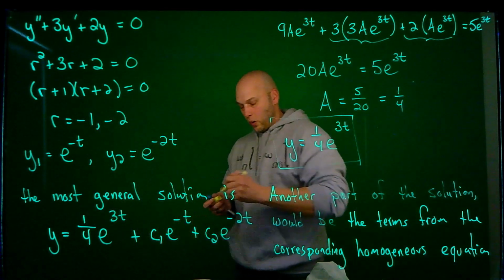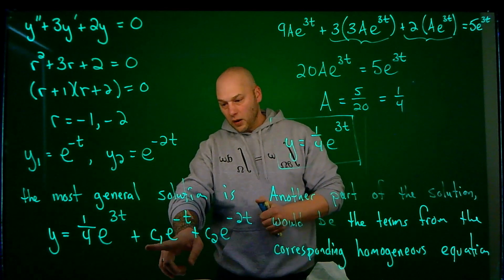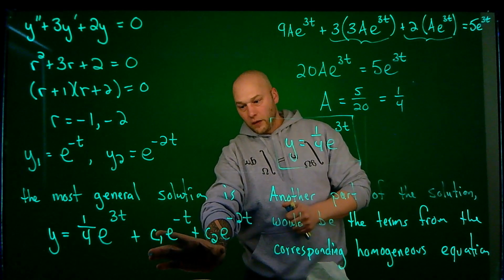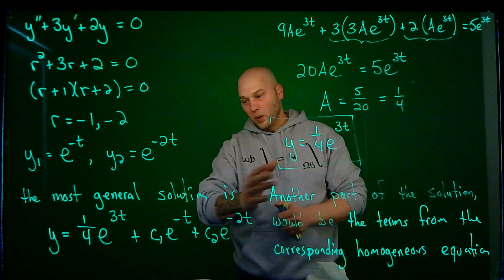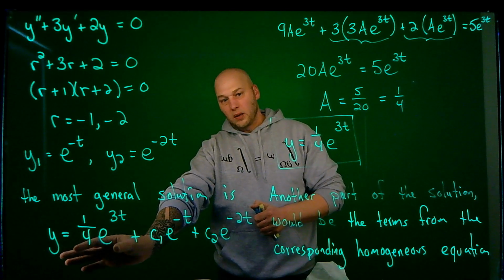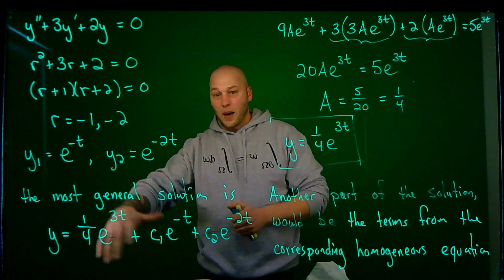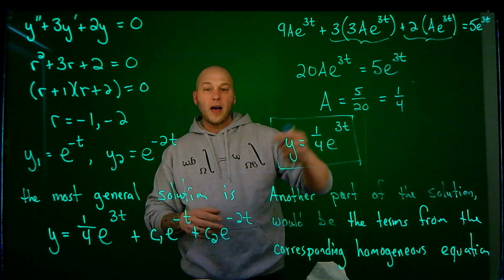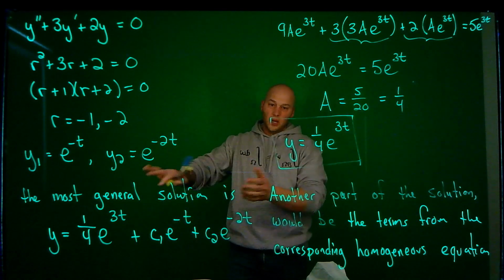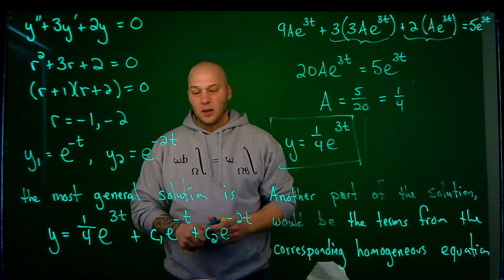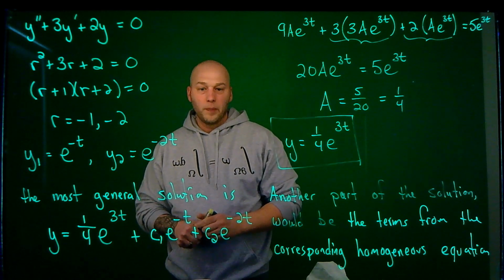Because the corresponding linear combination of these terms, when I plug it into the differential equation, generates 0. And when I take this term, I plug it into the differential equation, that combination is going to give me the 5e to the 3t. Therefore, the whole sum of that would solve it, illustrating the method.